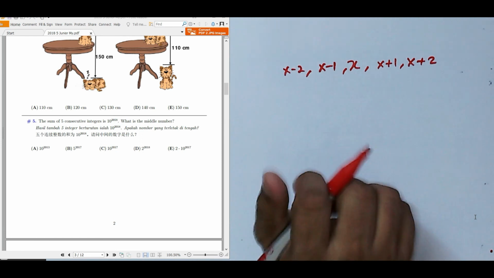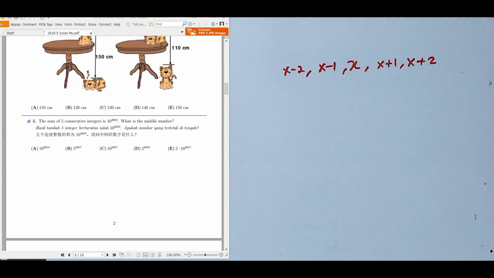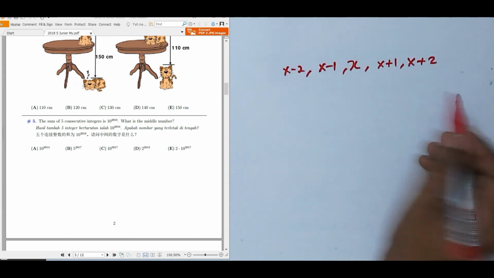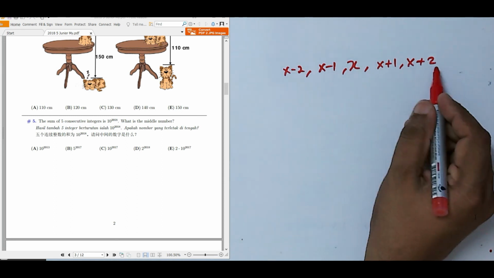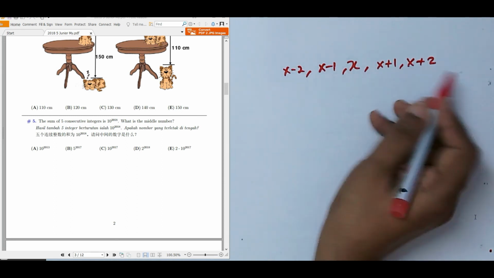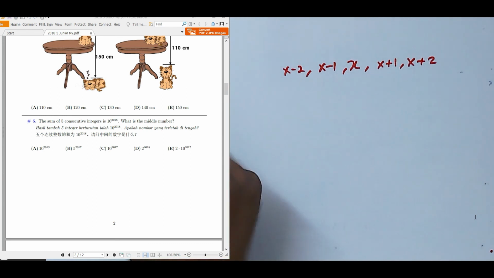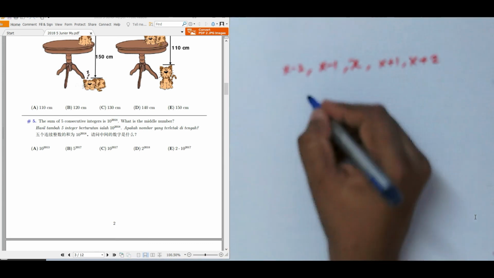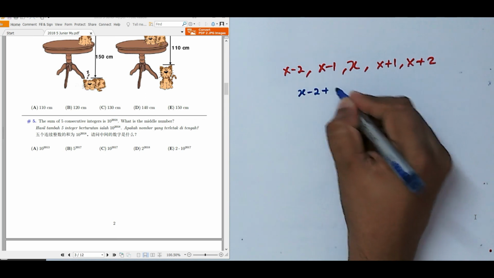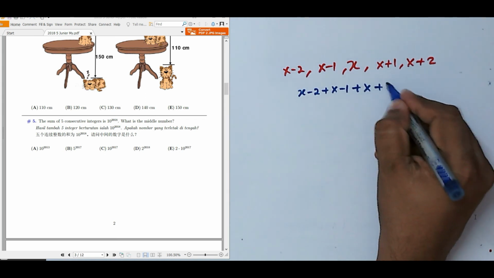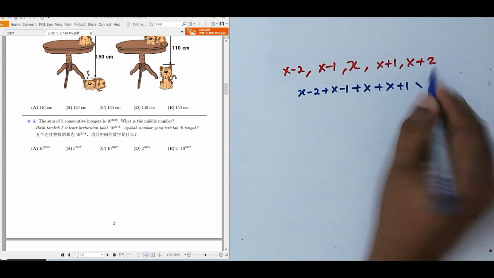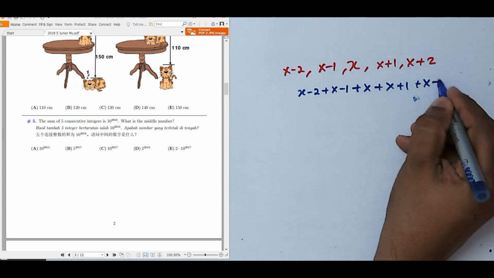Now, the sum of consecutive numbers means we have to add all of them: x minus 2, x minus 1, x, x plus 1, x plus 2.